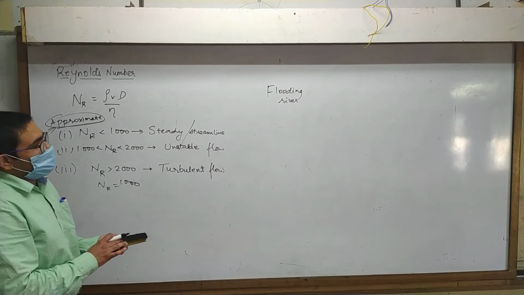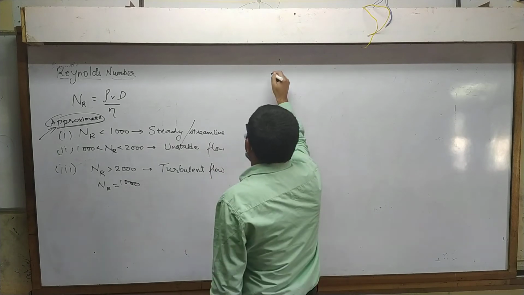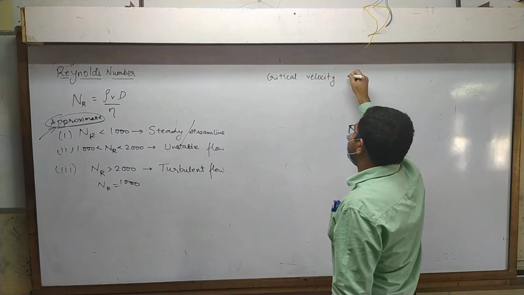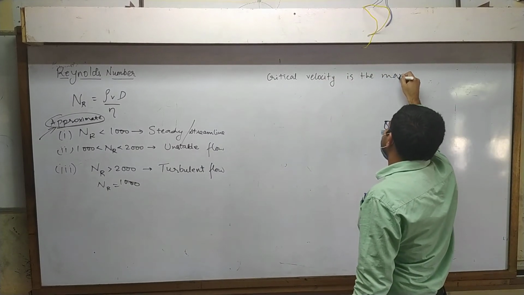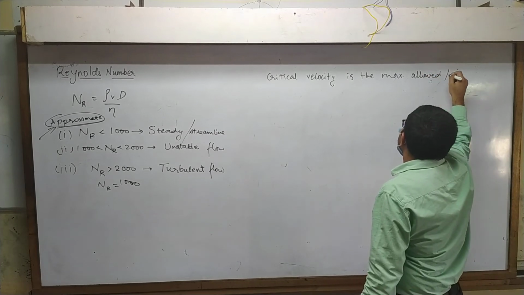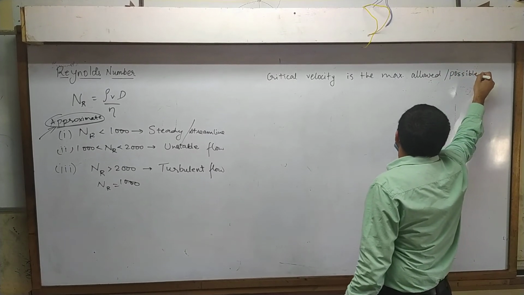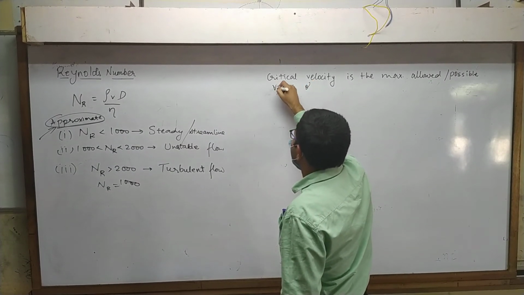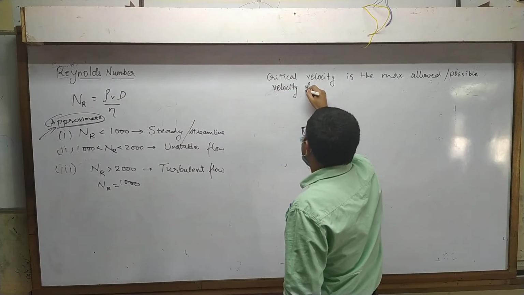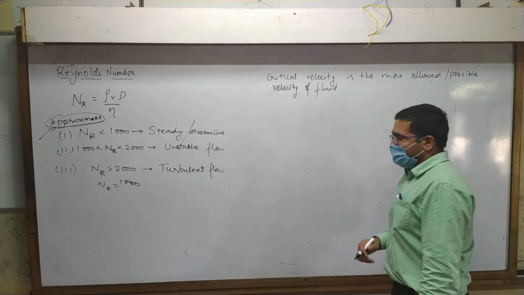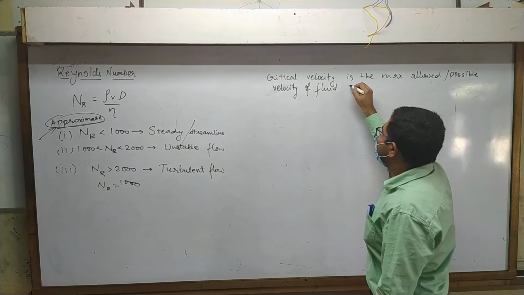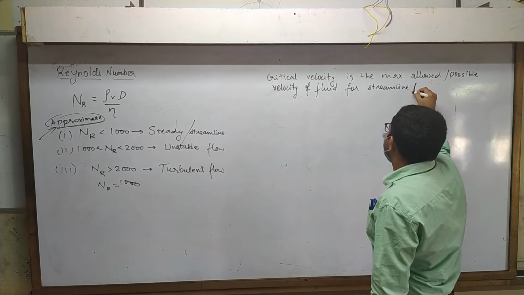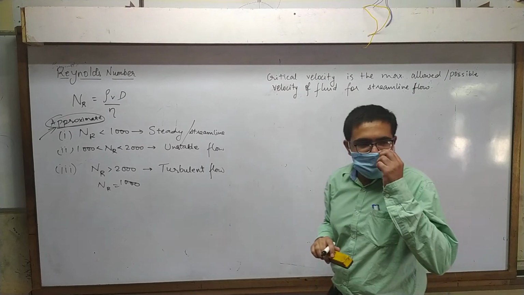Another thing related to Reynolds number is critical velocity. Okay, same topic, it doesn't seem different. So what is critical velocity? It is the maximum allowed or possible speed of fluid, or velocity of fluid if you are writing velocity, for steady flow or streamline flow.